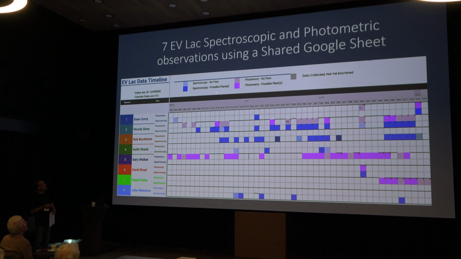Spectroscopy: no flare, possible flares; photometry: no flare, possible flares; data collected, not yet examined. It's coded so that we can see what's been picked up and what hasn't over nightly observations.